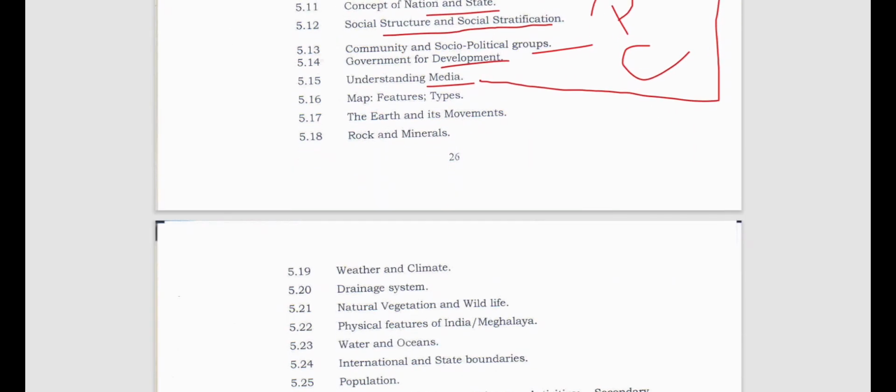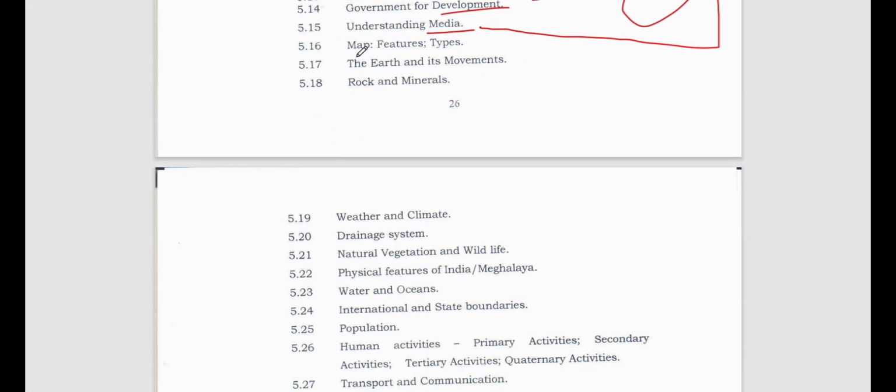Next we are left with geography. So maps, the earth and its movement, rock and minerals, weather and climate, drainage system, natural vegetation and wildlife, flora and fauna, physical features of India with respect to Meghalaya.